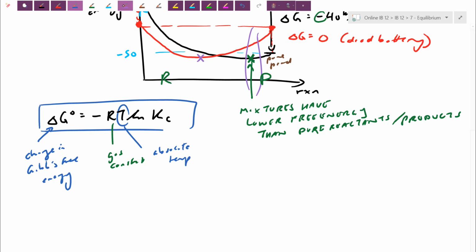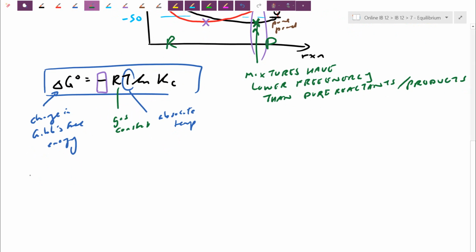And what I want to emphasize here is actually just this negative symbol here, right? It just basically says here, well, the R is positive, the absolute temperature is positive, this logarithm of a positive number will also be positive, and now we're just going to change the sign. So earlier when we had been saying, well, for a spontaneous reaction, the delta G is supposed to be a negative reading. It's already negative because of this negative here.